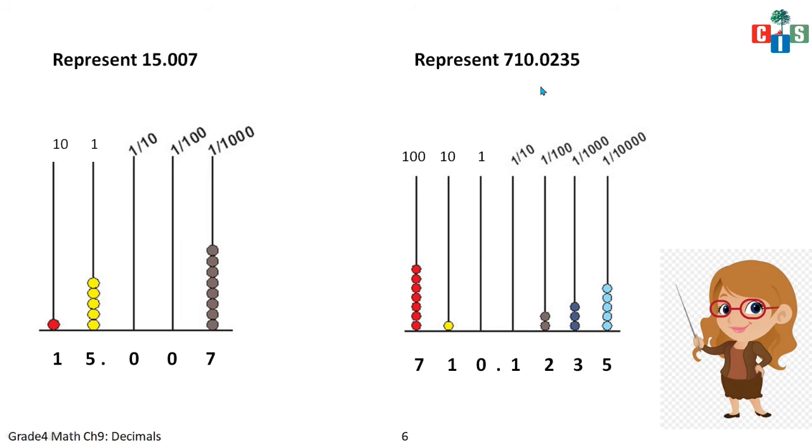After the decimal it will be 1/10th, 100th, 1000th and 1/10,000th. So 10,000th you don't have in your portion, but let's take the example to understand what exactly is represented on the abacus. Clear? Here in the 10th place there is no number, 0.